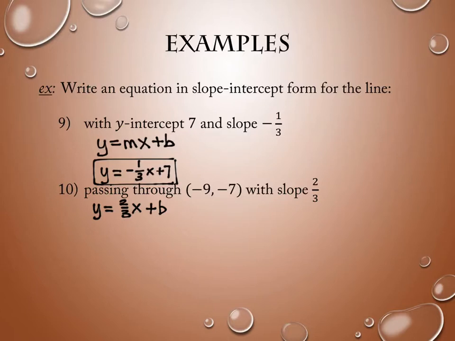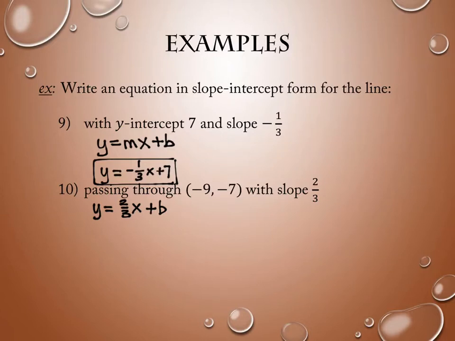Now, a couple of weeks ago we were finding ordered pairs that worked inside of lines. All you had to do was find one x value, plug it in, and find the corresponding y value. And that's how we were plotting graphs. So if there's a point on our graph, it has to work in the line. That's true here as well, which means the point I'm given is a solution of this line.